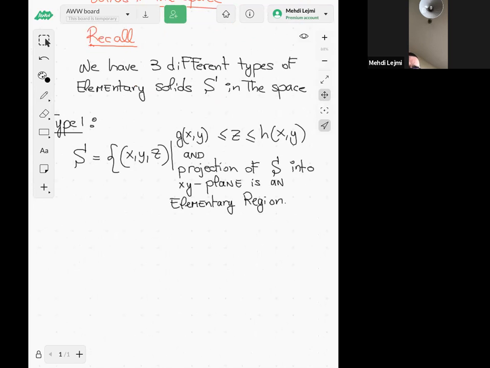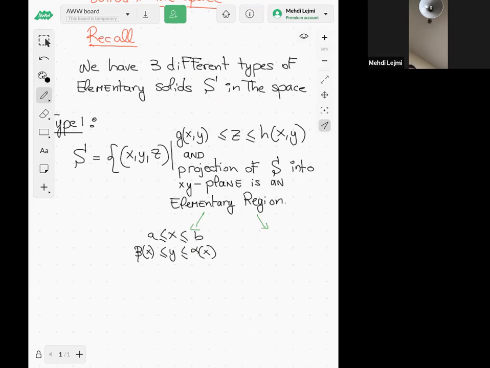Either x is between two constants, let's say a and b, and then y is between two functions of x, let's say beta(x) and alpha(x).